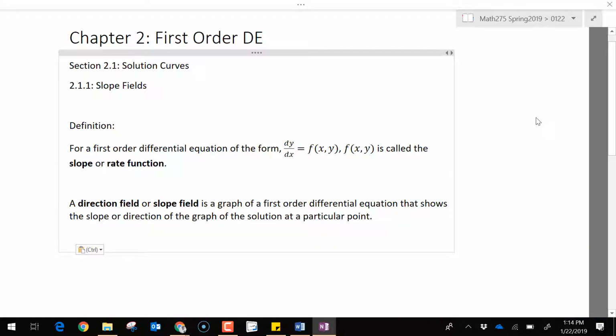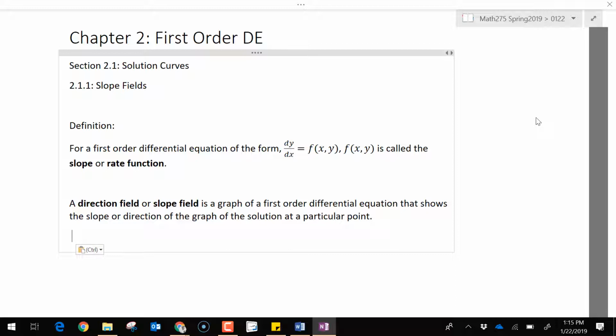So if we can get our differential equation into, I think it's called normal form, where the highest derivative is solved for by itself, then we have something that we can look at as what we would call a slope field. So if we get dy dx on its own, or y prime, then the right-hand side would be a combination of x and y's.